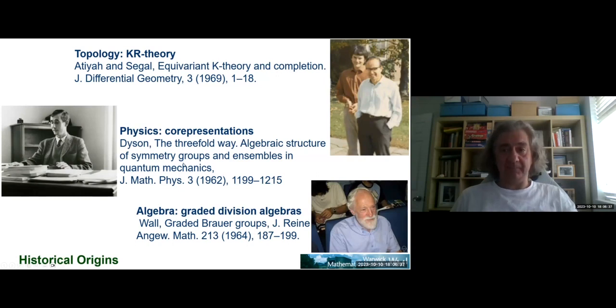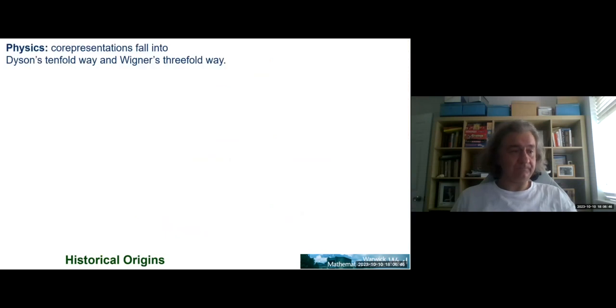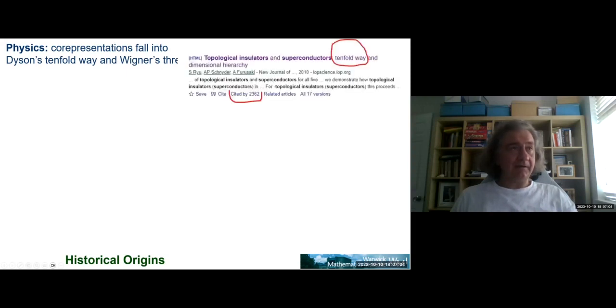Let me explain a little bit more about the physics origin, and the other two I'll disregard for the talk today. In physics, these are called co-representations, and it's what we call A theory, and they fall in what's known as Dyson's tenfold way and Wigner's threefold way. Here is one interesting paper on topological insulators.